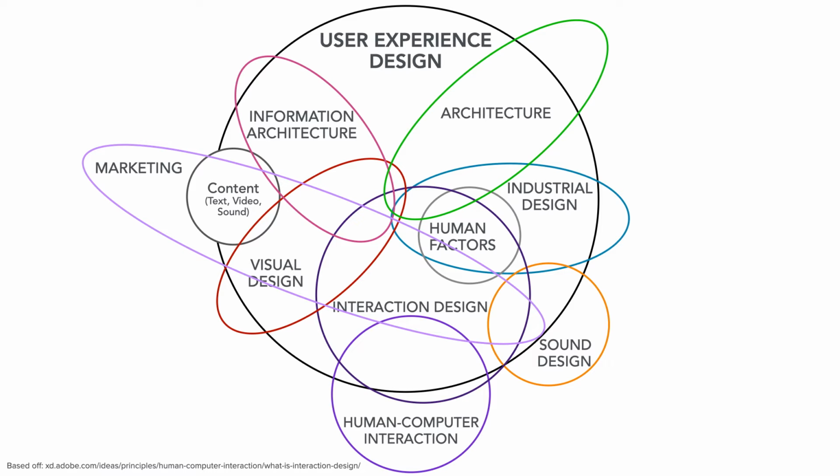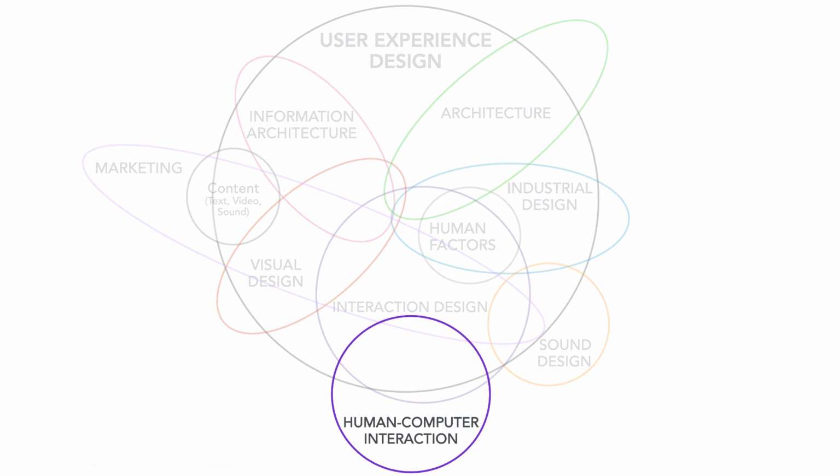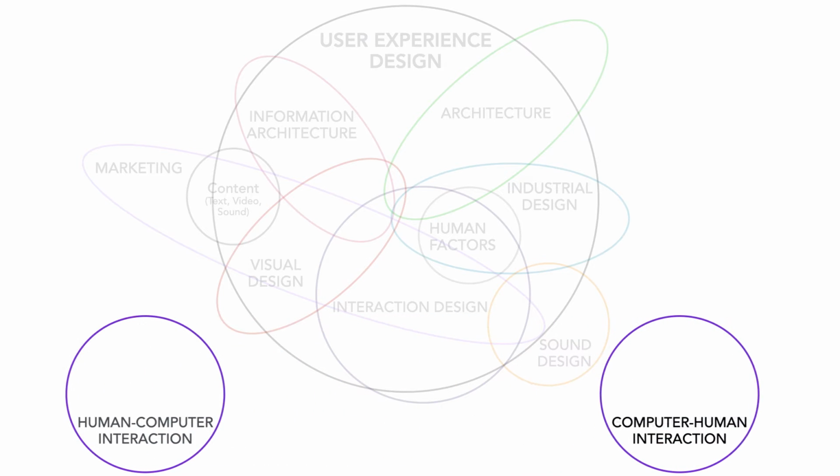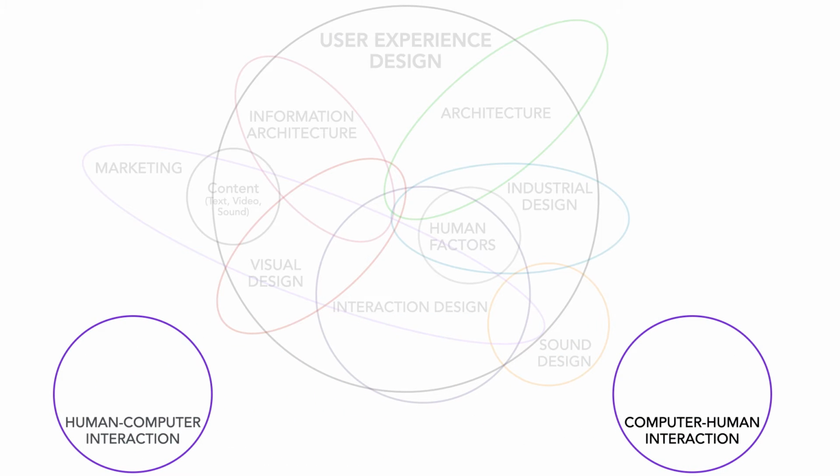And even if we focus back on something simple, like our little bubble of HCI, were you surprised to see it down there? Not even fully encompassed within user experience design? Well, there's not agreement across different fields even as to what HCI is. In fact, if we go back a few decades, the term human-computer interaction and computer-human interaction were two distinct fields, and in some ways they still are.